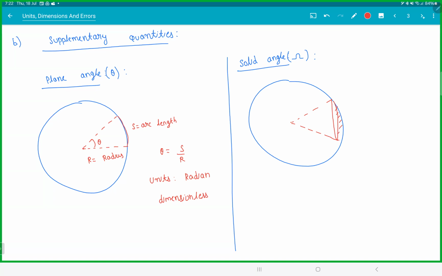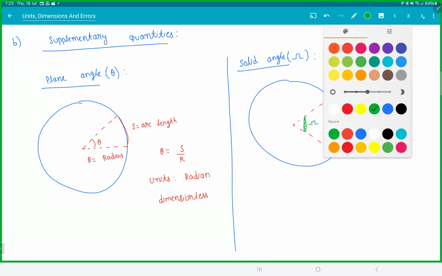So if you have an area like this, no, I didn't draw it properly. So this is like a two-dimensional angle. The green one is your steradian.